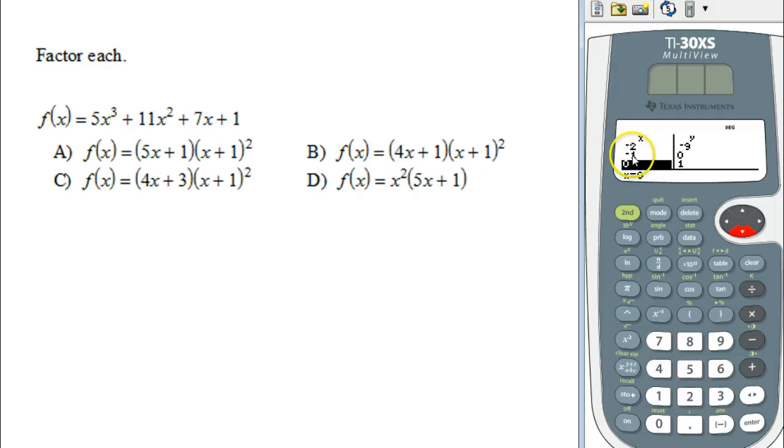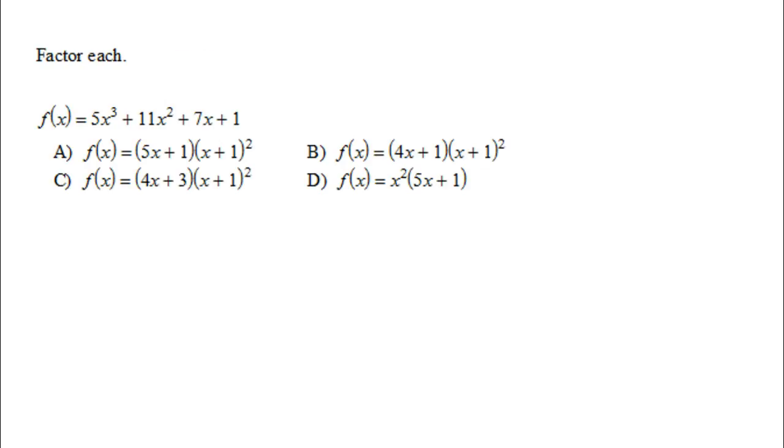Okay, so there it is at -1. -1 is a 0. So I will take that fact and I will use it in synthetic division. So I take that -1 right off the calculator, and here I have my coefficients are 5, 11, 7, and 1.